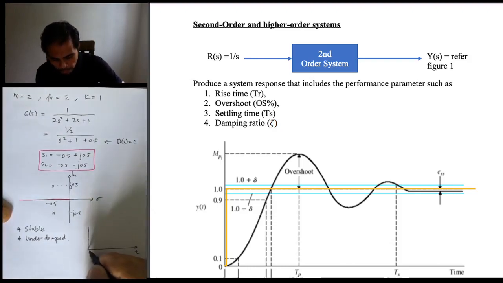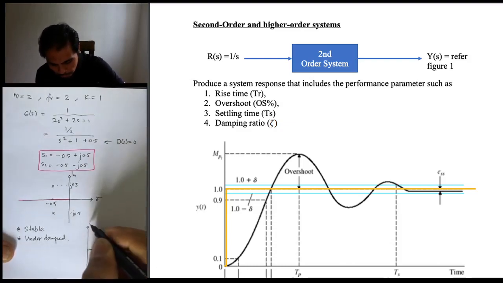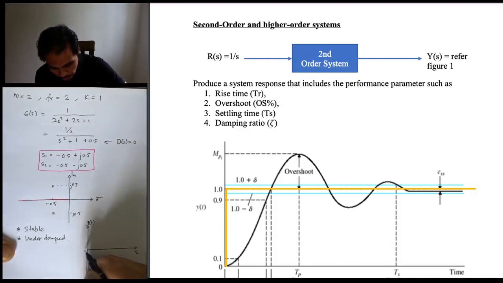This is our y(t), this is our y0, right?